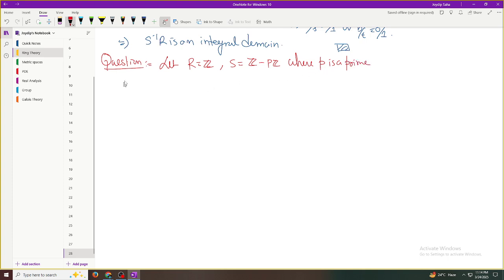Then by the previous observation, S inverse Z is an integral domain.